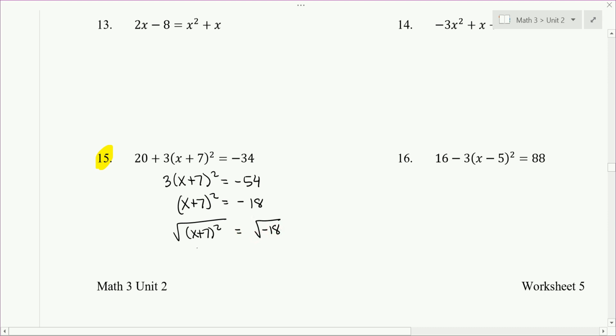The square root of the left side is the absolute value of x plus 7, and that's equal to the square root of negative 18. So x plus 7 could be positive or it could be negative square root of negative 18.